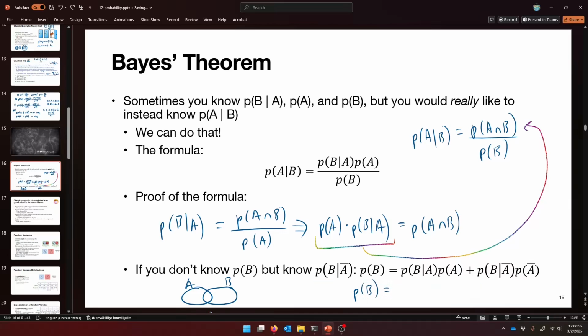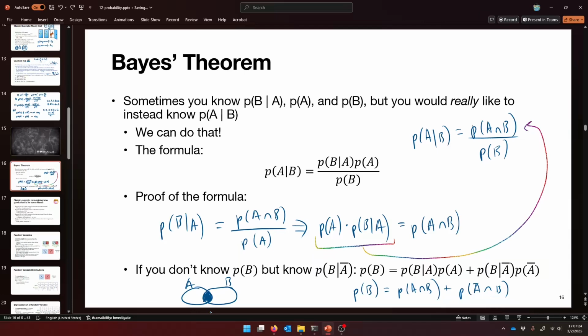The probability of B is equal to the probability of A intersect B plus the probability of A bar intersect B. Does that make sense? The probability of just B by itself is equal to the probability of their intersection, so that's this bit, plus the probability of A bar intersect B.